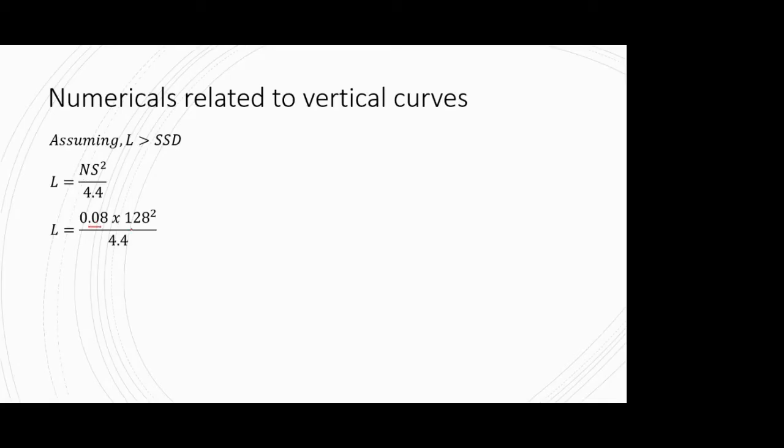N is the deviation angle 0.08, S they have given the stopping sight distance as 128. So your value comes out to be 297, and you can round it up to 298. Obviously it's satisfying the assumption that L is greater than SSD. So you can go ahead with this value, and you have option B in your MCQ type question.